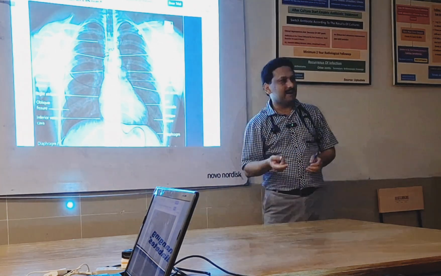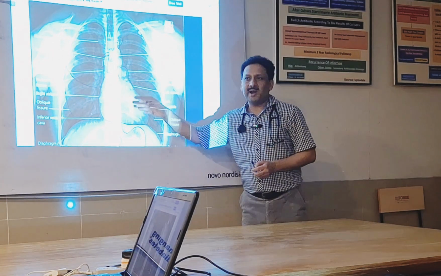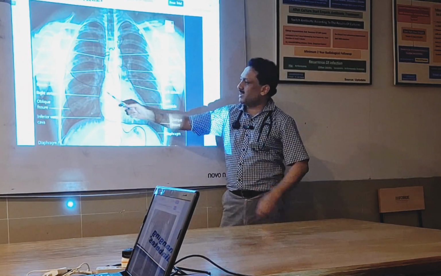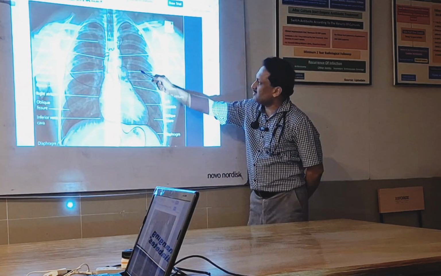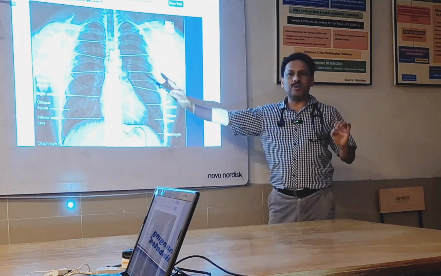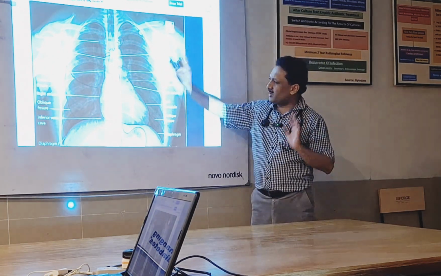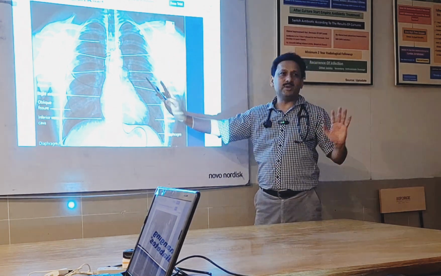And then what can happen if the X-ray is underexposed? The things become too white. And why do you see white things in this X-ray? These are vessels. This is vascular marking. This X-ray is a high quality X-ray, very good quality. Exposure is very good, position is very appropriate, everything is fine. This is an up to the mark X-ray.